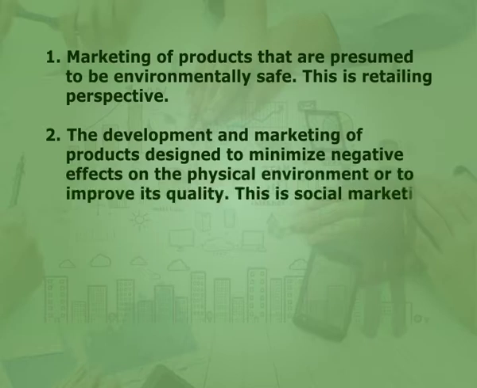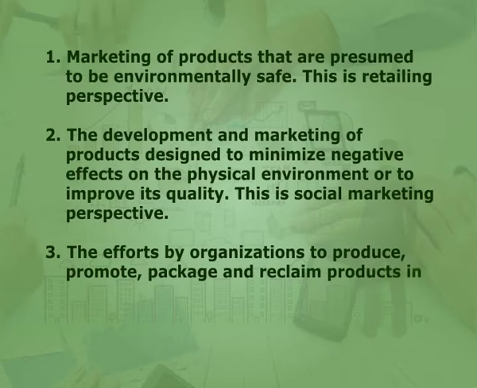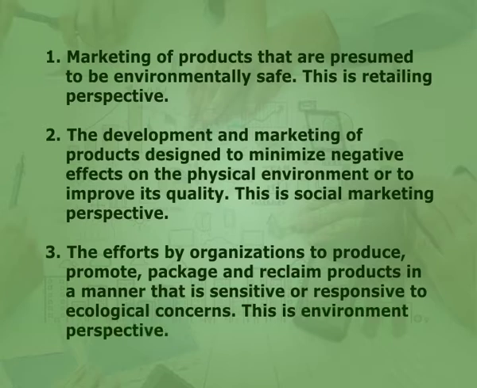This is the social marketing perspective. The third one, the efforts by organizations to produce, promote, package and reclaim products in a manner that is sensitive or responsive to ecological concerns. This is the environment perspective.